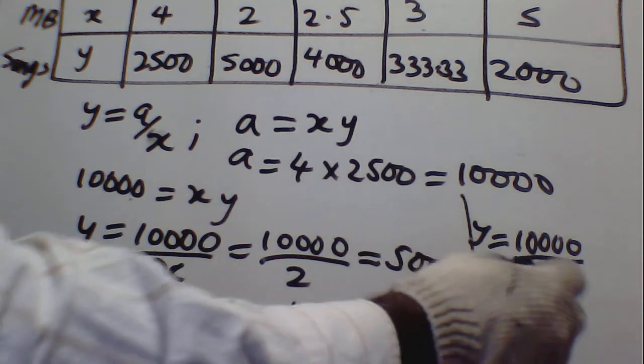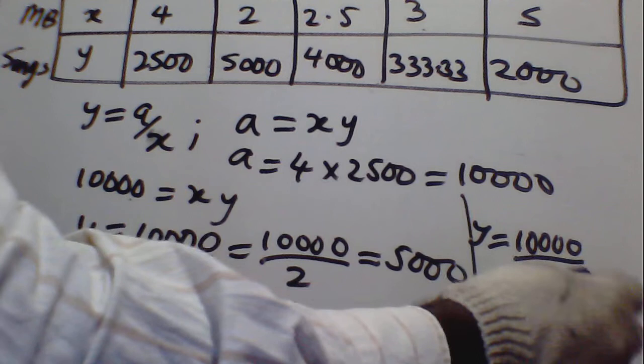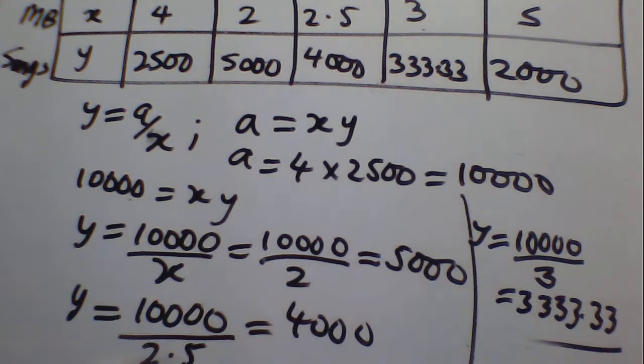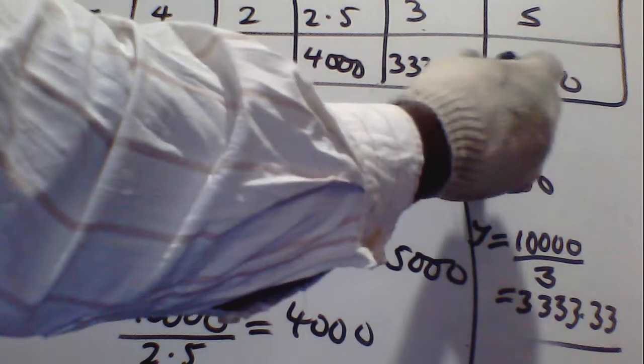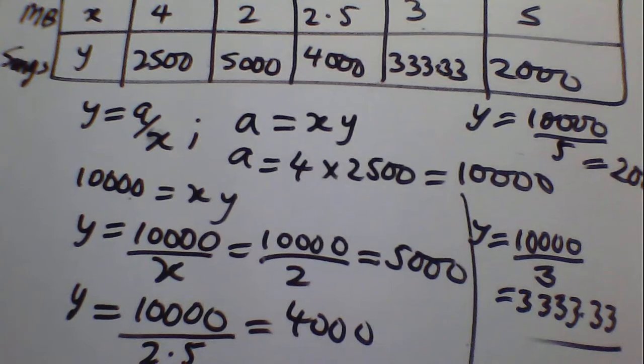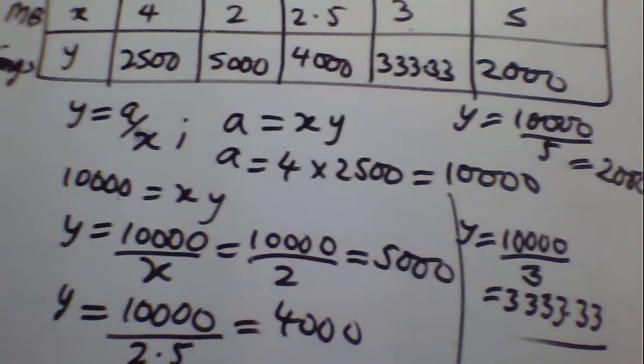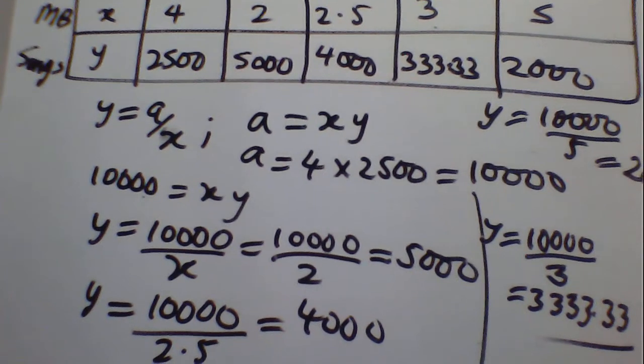You have 3,333.333, and so on. If you do this one, Y will be equal to 10,000 divided by 5. You have 2,000. So this is how we got all these values in the table.